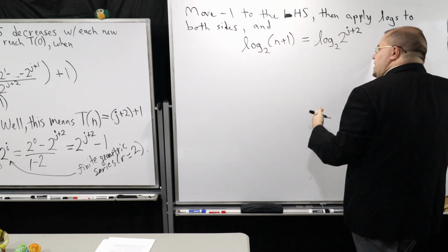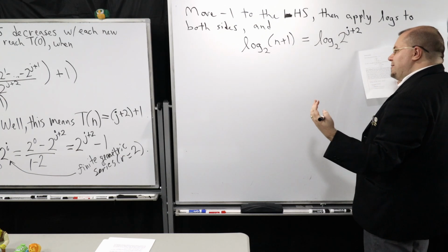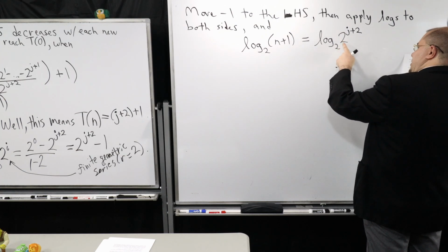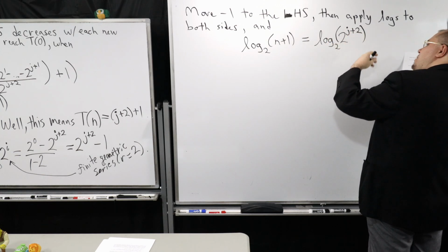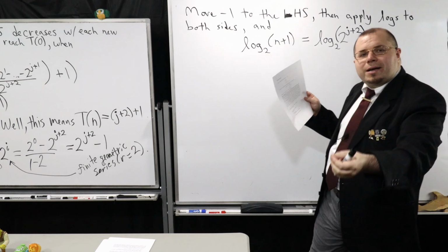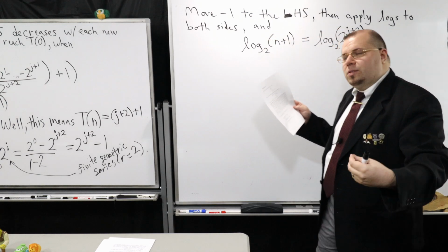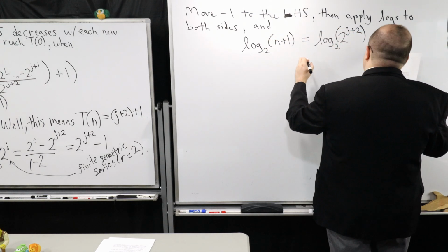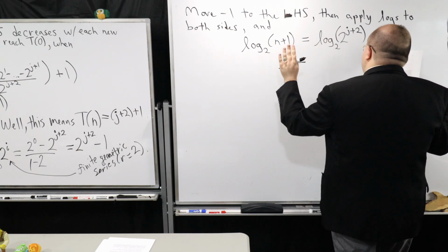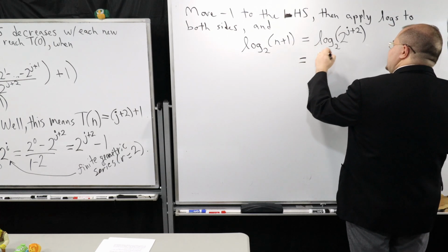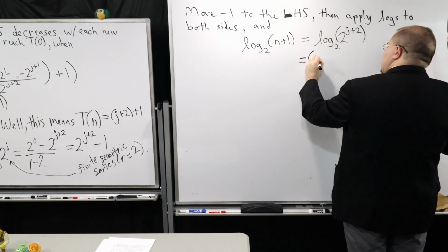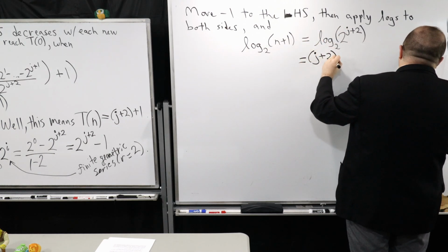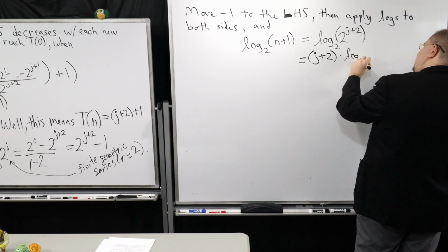For those that know their properties of logarithms, I have an exponent here, and I can drop that exponent out front due to the power rule of logarithms. So it's j plus 2 times log base 2 of 2.